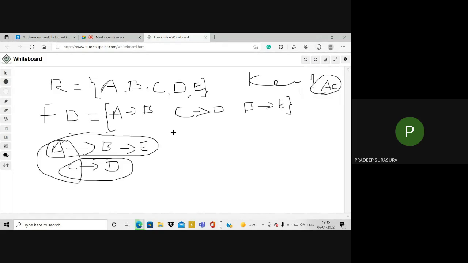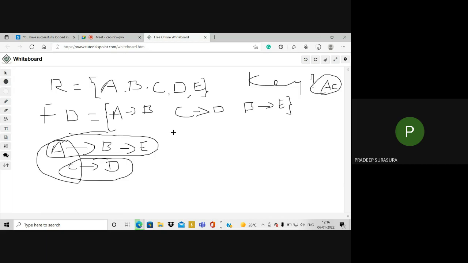According to the FDs, A determines B, C determines D, and B determines E, and the key is A and C. Since the key is A and C, B is dependent only on A but not on C. Similarly, D is dependent only on C but not on A. So FDs A determines B and C determines D violate second normal form.